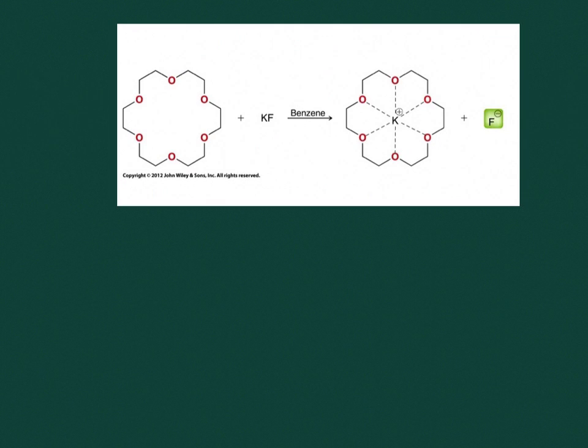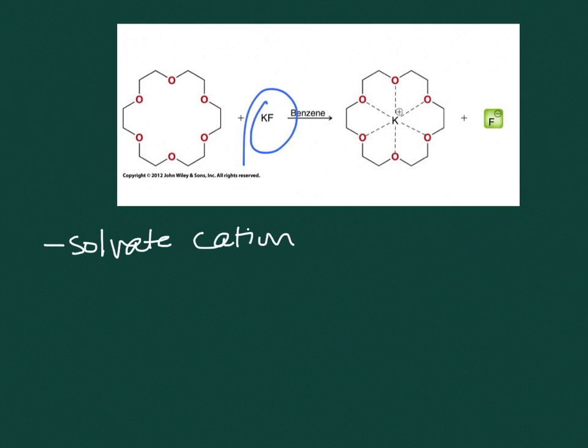Because of the unique ability to solvate a cation, there are many different applications of crown ethers in both synthetic organic chemistry and in medicinal chemistry. So this is showing an example of this reaction above, when potassium fluoride is mixed with 18 crown 6 and benzene. The potassium is coordinated in the center, and this allows the fluoride to be released from the KF.